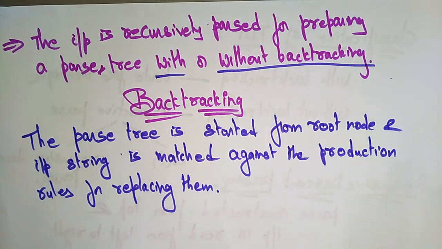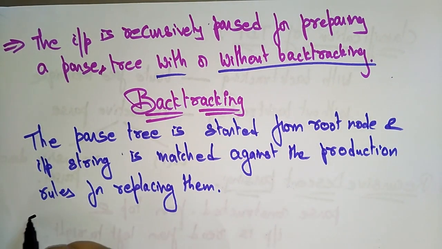Let's see an example, then you'll get a clear idea of the backtracking concept used in recursive descent, the top-down approach.